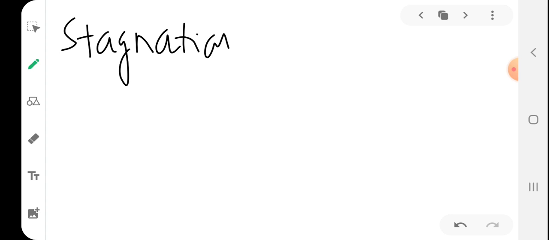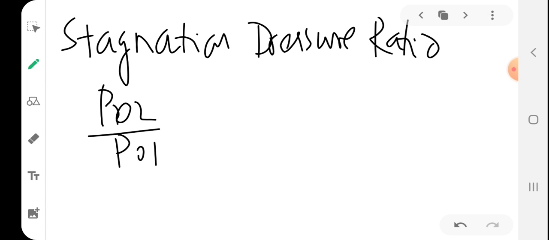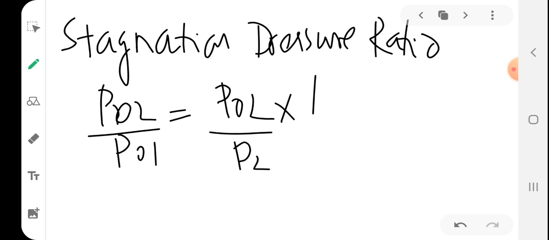Now I think two more relations are there: stagnation pressure ratio. Stagnation pressure ratio means P02 by P01. P02 by P01 can be written as P02 by P2 into P2 by P1 into P1 by P01.